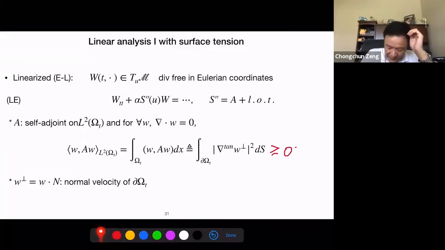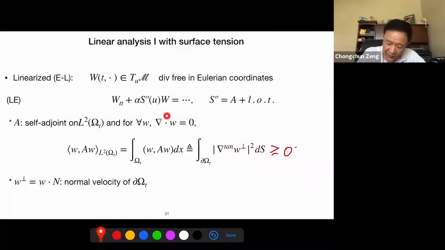And it controls the normal component of W. And it controls the gradient of the normal component of W. So it controls something. But then we are missing the other part of the vector field W. We only have the normal component on the boundary.